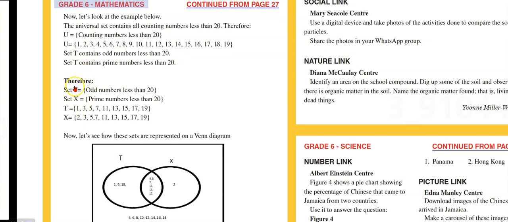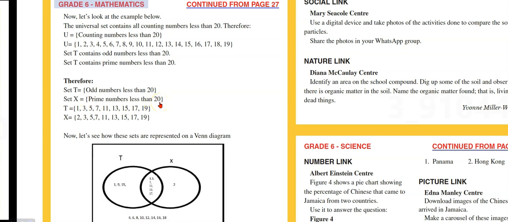So set X would be prime numbers less than 20. Okay, so let's go. So set T has 1, 3, 5, 7, 11, 13, 15, 17, and 19. These are all odd numbers less than 20. Now set X has prime numbers less than 20.